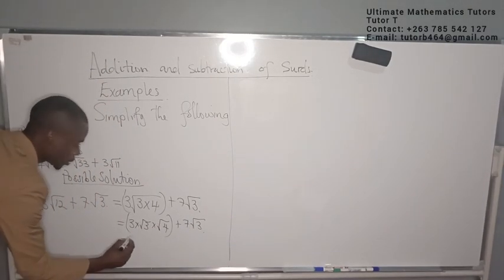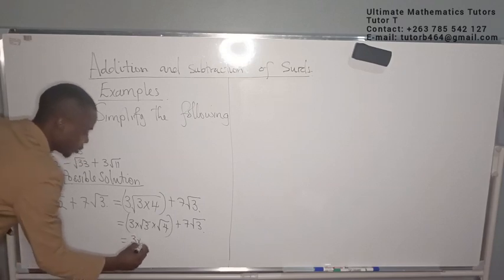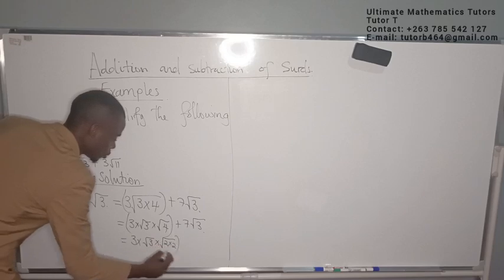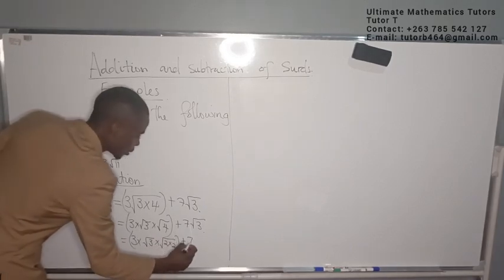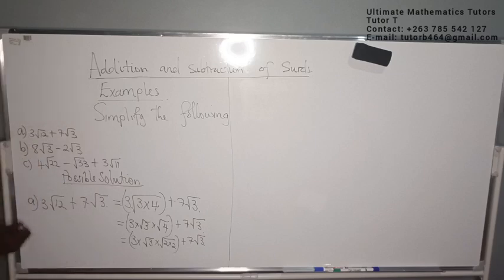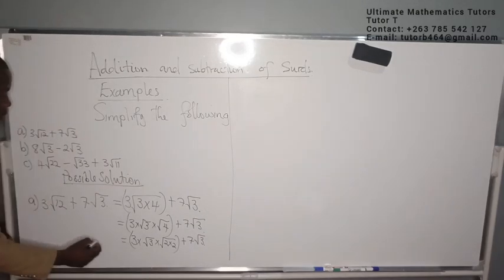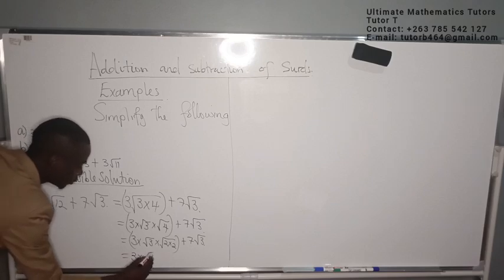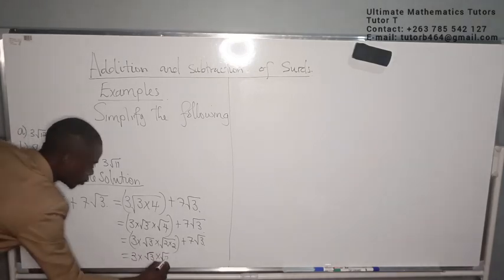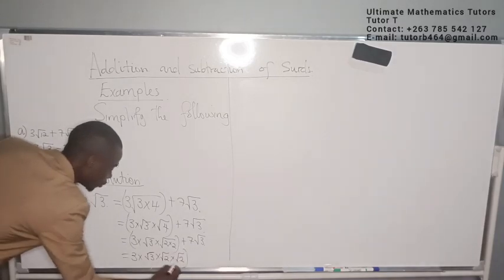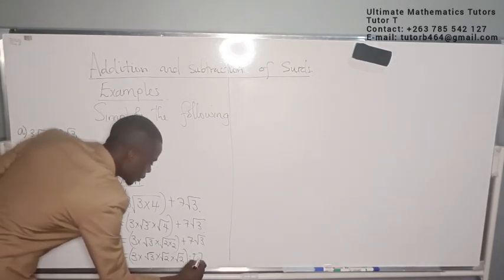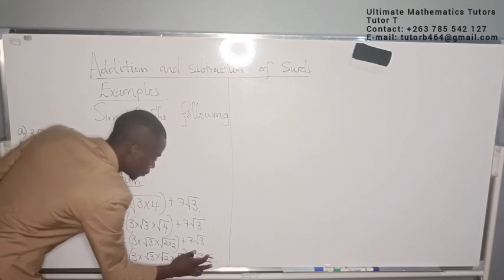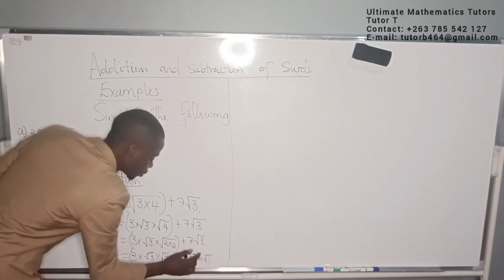This will give us 3 times root of 3 times root of 2 times 2 plus 7 root of 3, which is the same as 3 times root of 3 times root of 2 times root of 2 plus 7 root of 3.